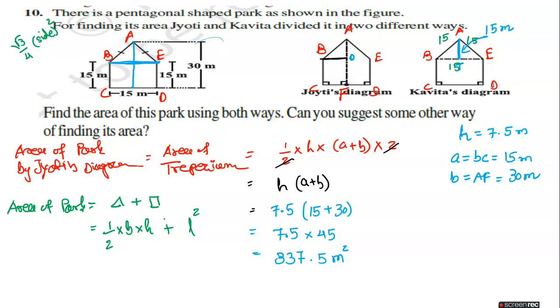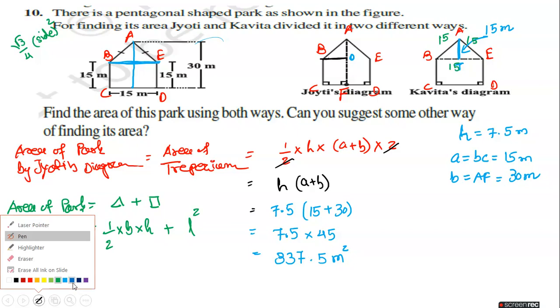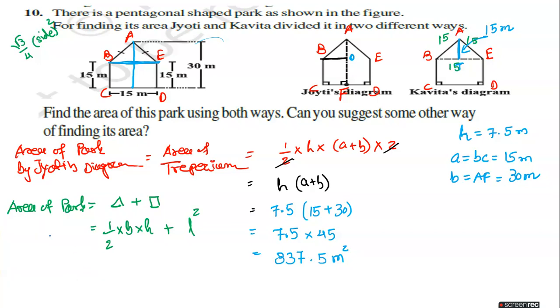Then these values we will write down here. What is B, what is H, what is L? I'm writing with this blue pen. B is equal to, base is 15. Height is equal to again 15.